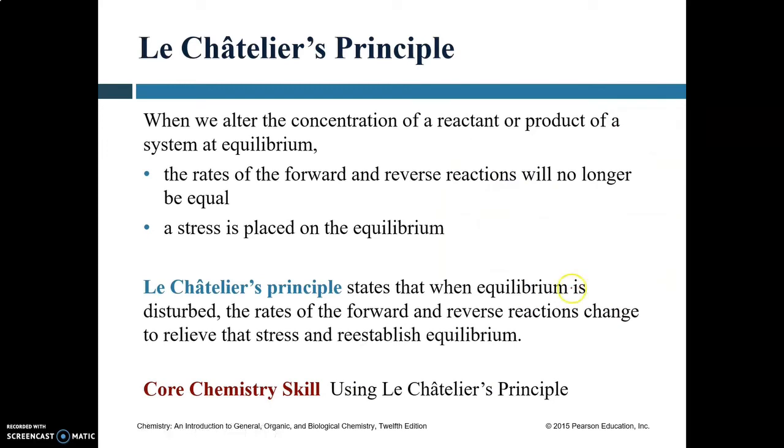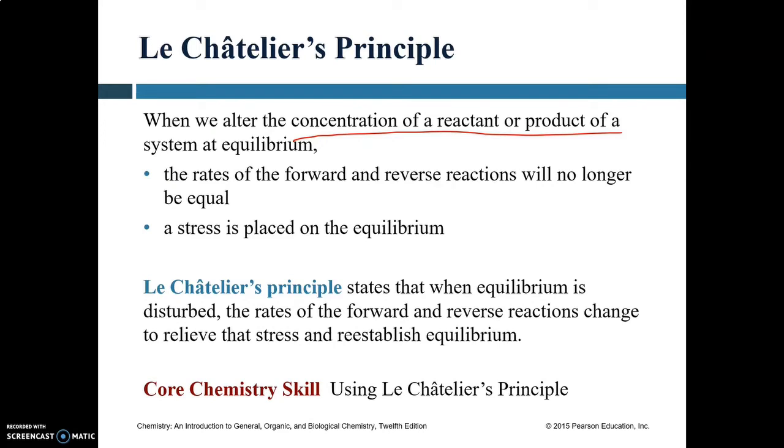So in Le Chatelier principle, we describe the changes to the reaction conditions when we change the concentration of a reactant or a product. So when we alter the concentration of a reactant or a product in a system that exists in equilibrium, the rates of the forward and reverse reactions will change, stopping being equal.